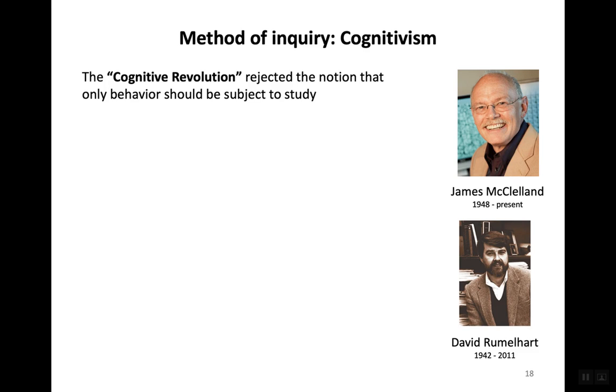And just because the mind is difficult to observe, that doesn't necessarily mean that we should give up on it. Rather, we should embrace that challenge and develop and sharpen the tools that allow us to study the mind. So this is what the cognitive revolution did.